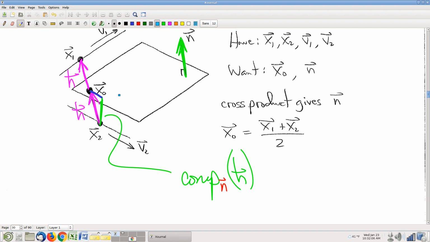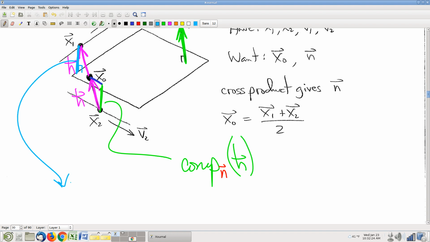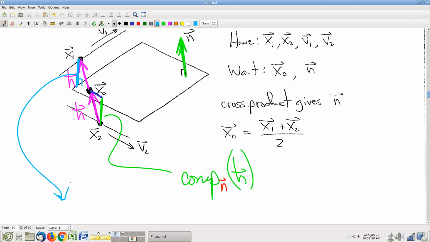Let's now compute this distance there. That's the perpendicular distance from x1 to the plane. And how do we compute that? Well, it's a component of that purple vector. That's still h.